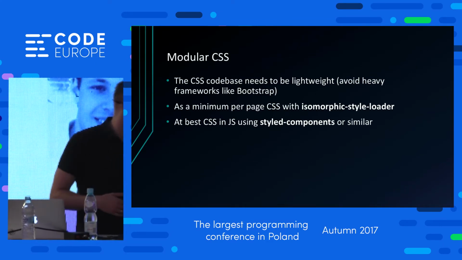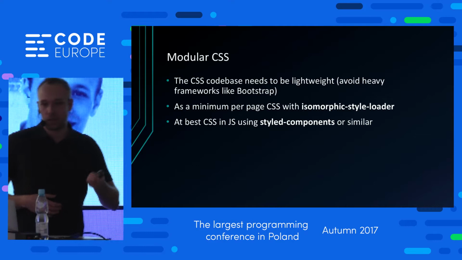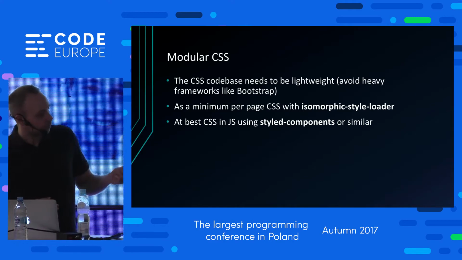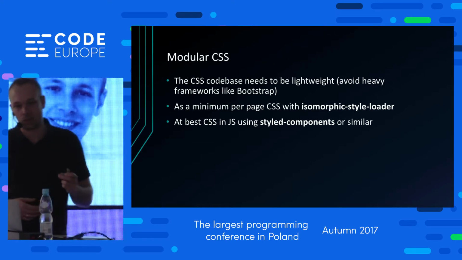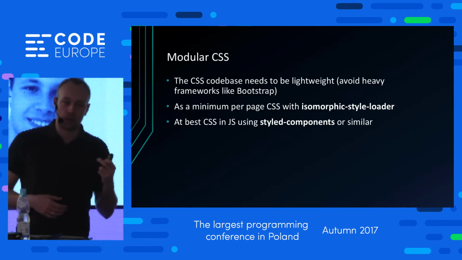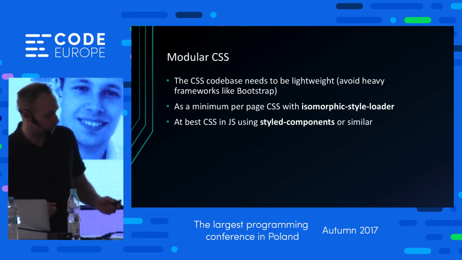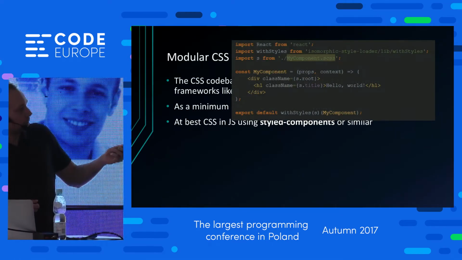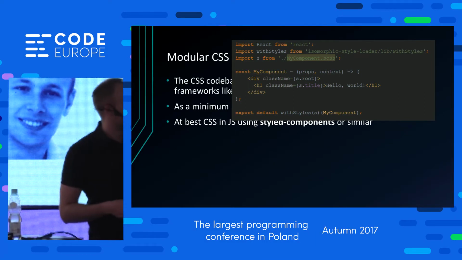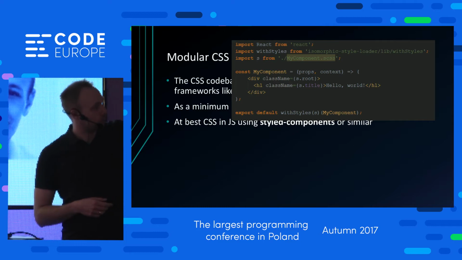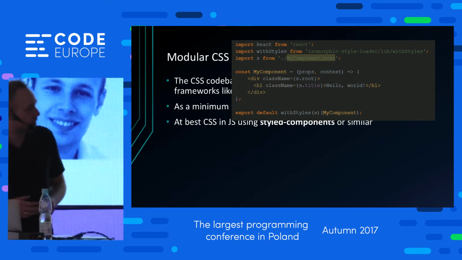And at best, you would use CSS in JS technologies like styled-components or CSS in JS. There are probably 15 more out there, where your CSS is tightly tied to your React components, so you have even more granularity of what is actually served to the user, and an even smaller index HTML in the end. So this is an example of how this isomorphic style loader works. You import your CSS, and the real trick here is to have this modular enough, so if you have one big CSS file, it doesn't work.